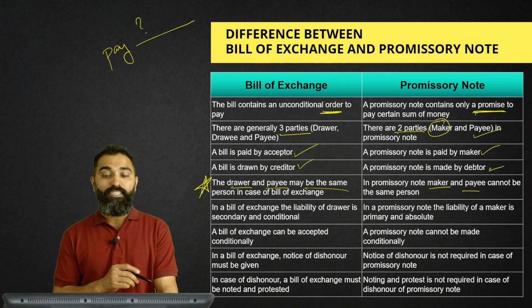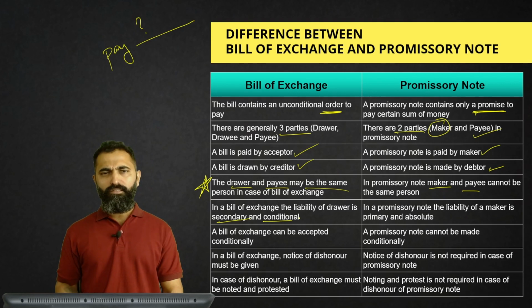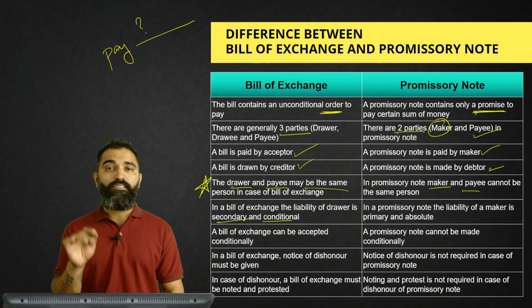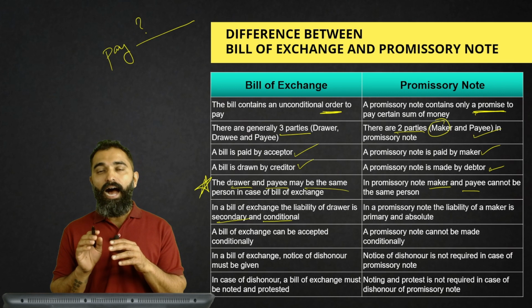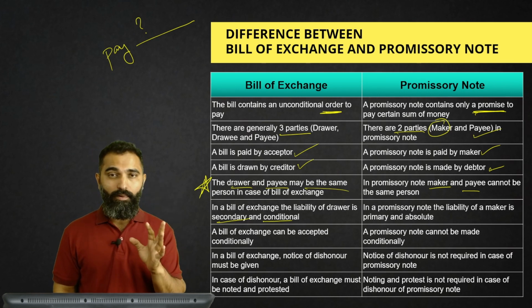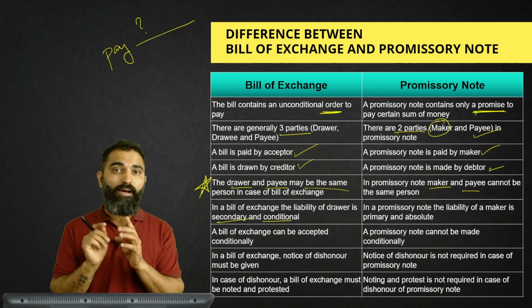So in a bill of exchange, the liability of the drawer is secondary and conditional. What does that mean? If I draw the bill on, let us say, Aditya, and I discount it with the bank, I sell it to the bank. Later on, the bank is going to take money from Aditya.